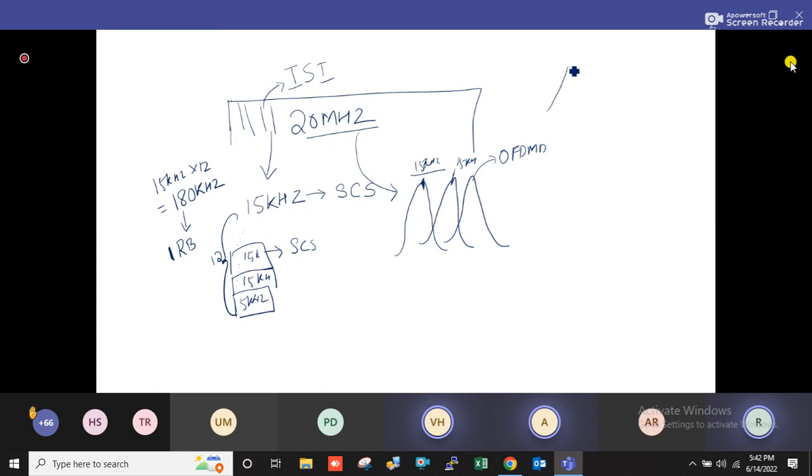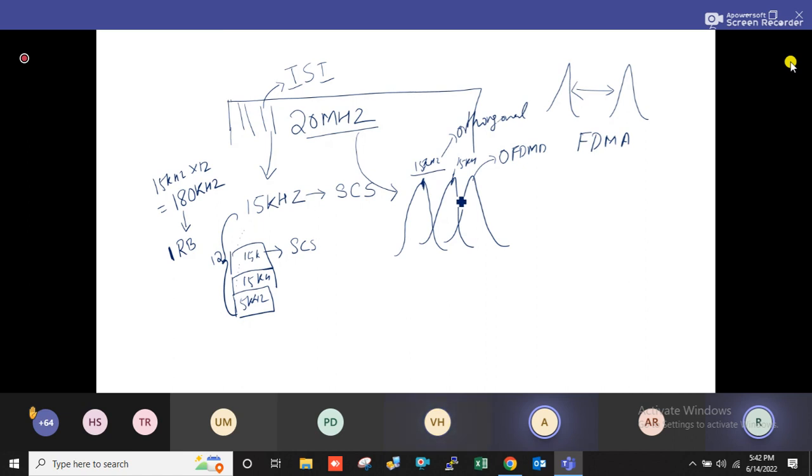If we were giving a gap, let's say this is 15 kilohertz and this is one more 15 kilohertz, and we were giving a gap like what we call duplex separation, then we would have called it FDMA, frequency division multiple access. But here we are not giving a gap between these 15 kilohertz, and we generate this frequency in such a way that they are orthogonal to each other.